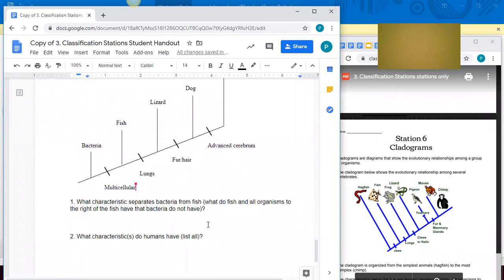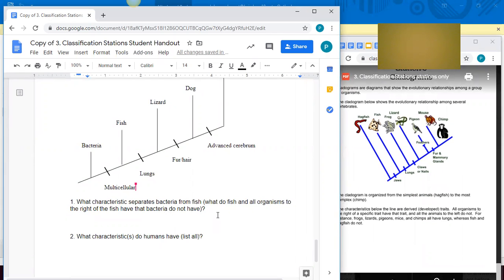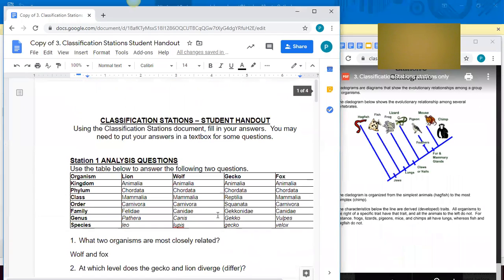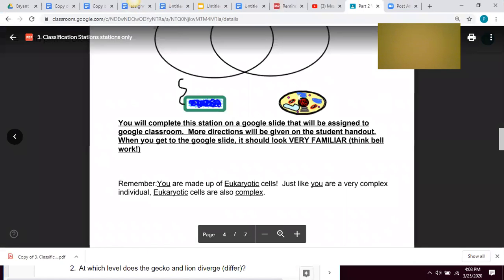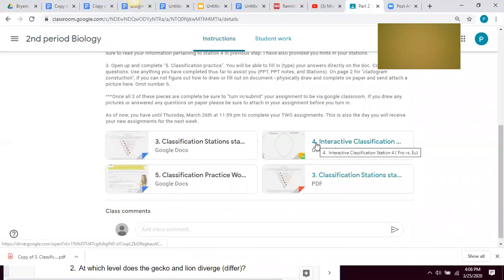Okay, station 6, there is a cladogram there, and when you learn about cladograms from station 6, you have 2 questions to answer. Okay, and then that would kind of finish up your doc on your stations. Okay, now let's go back to the classwork for a second, because I did tell you that station 4 was a separate thing.